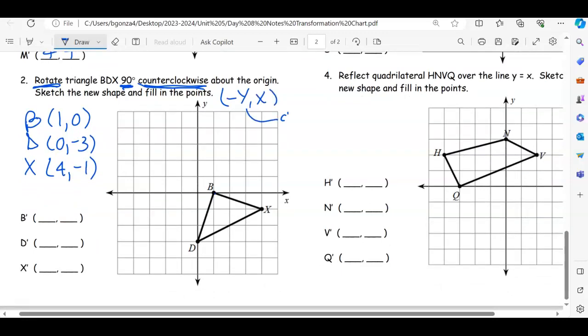Step 1, change the sign of Y. You have to do that first, and then you can switch the order.